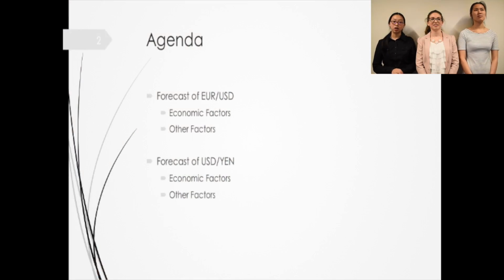We are the three financial analysts of the RFM company, and today we've been asked by our CEO to give a presentation on our forecast analysis based on two pairs of currency. They are Euro over USD and USD over Japanese yen.